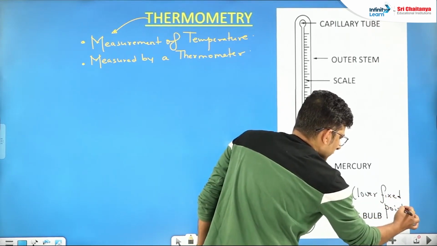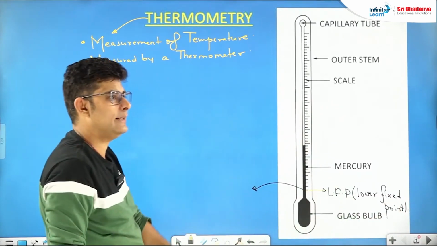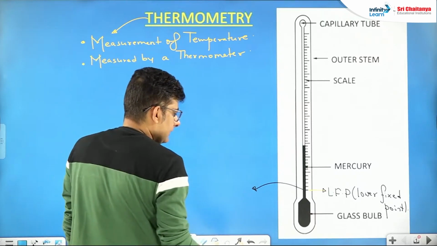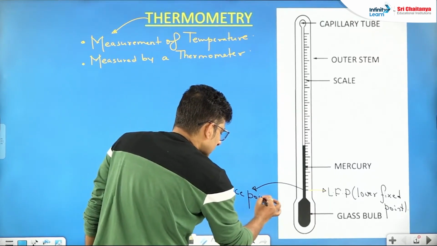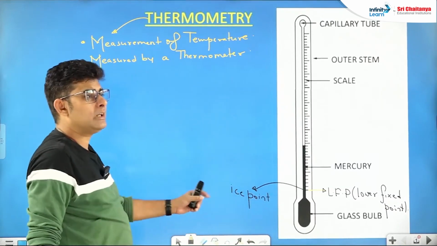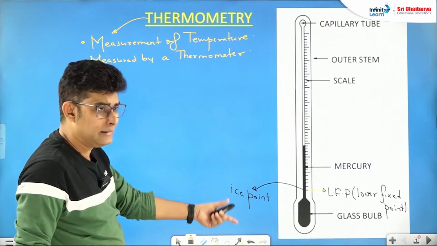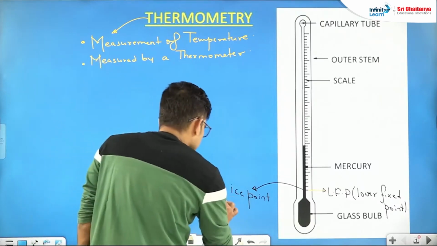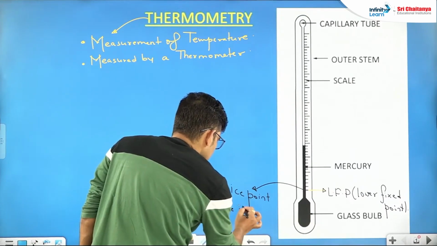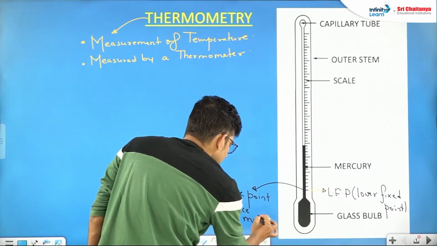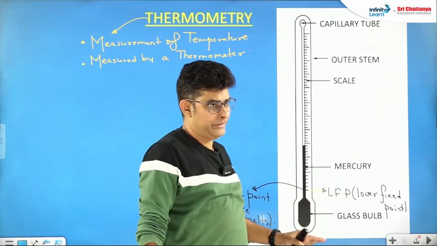Usually what we do is take this LFP as the ice point. Now, what is the ice point? The ice point is the temperature at which ice melts. This is considered as the lower fixed point or reference point.